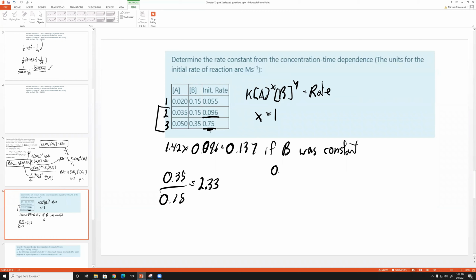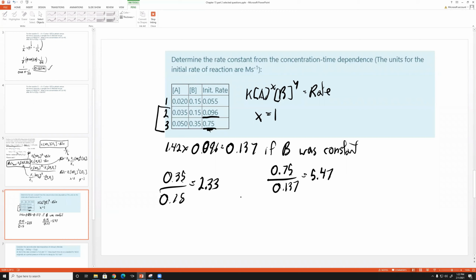The rate actually increased by 0.75 divided by 0.137. This is just corresponding to B now. And dividing those values, you get 5.47. So in the concentration doubling, or a little bit more than doubling, the initial rate multiplied by about 5.5.